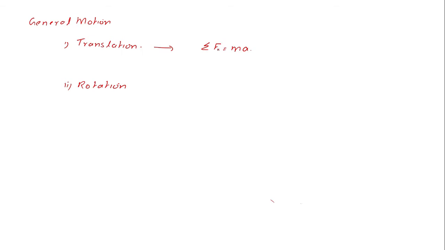I told you earlier that a corresponding rigid body can be assumed to be a collection of a system of particles. Here m will be the total mass. So as such, sigma F equals m into a, where m represents the total mass of the rigid body and a represents the acceleration of the mass center.